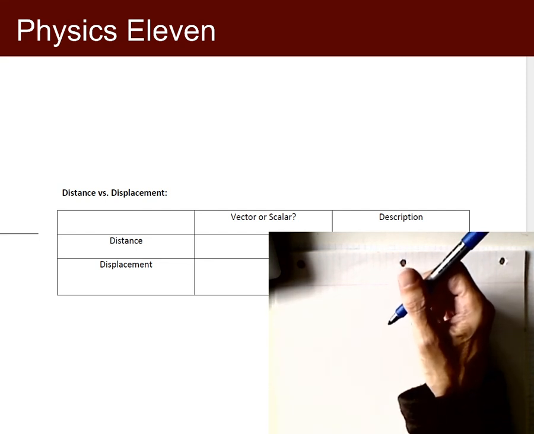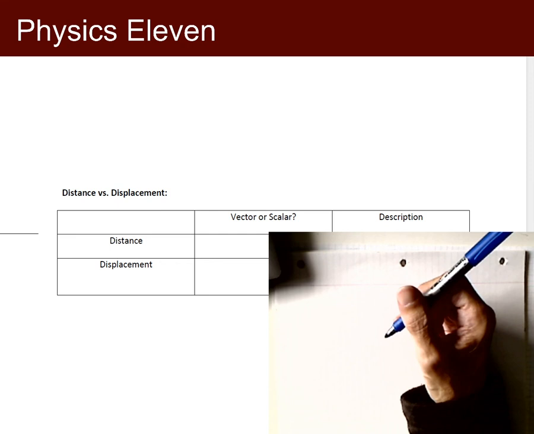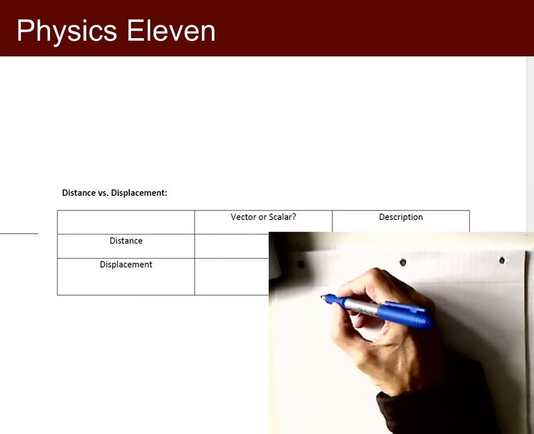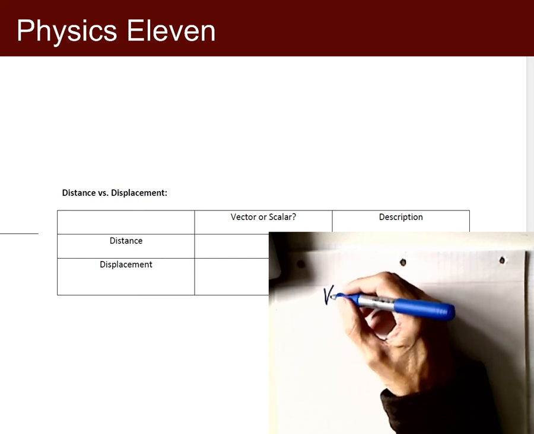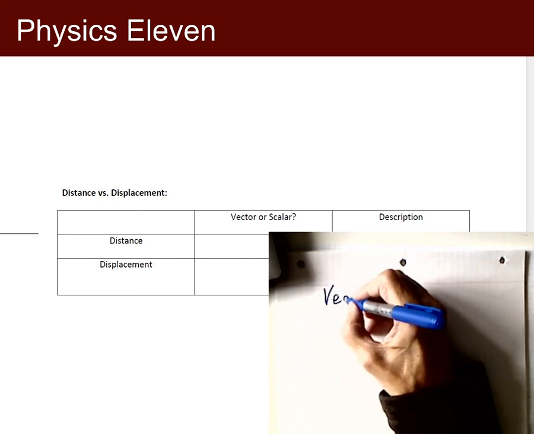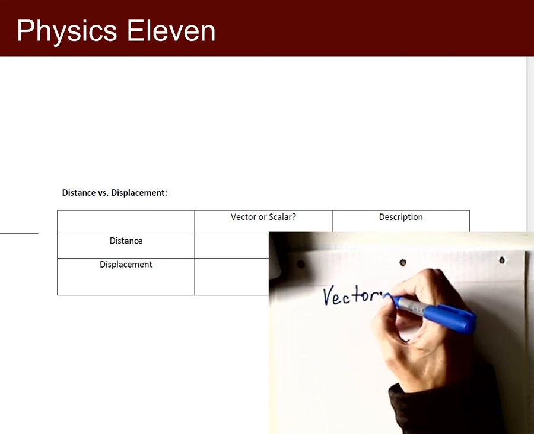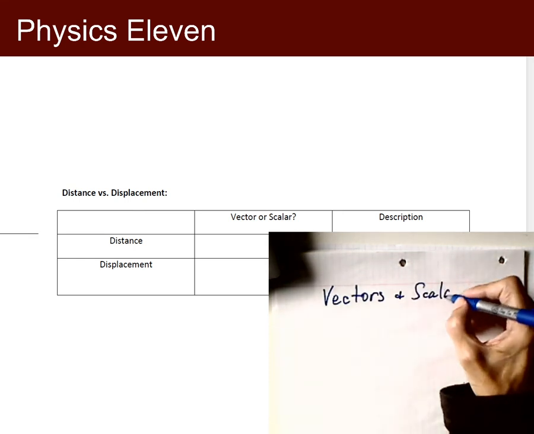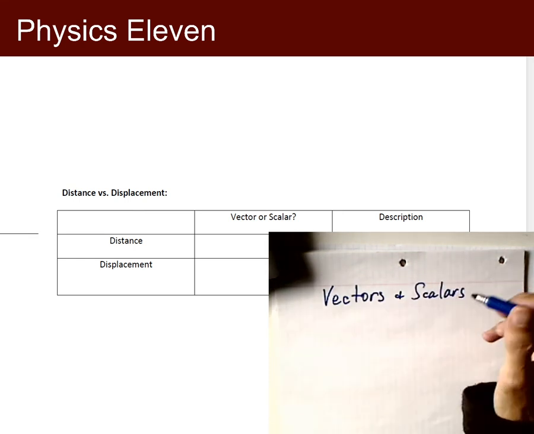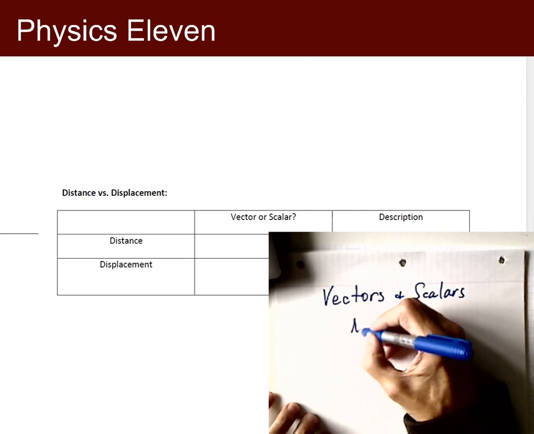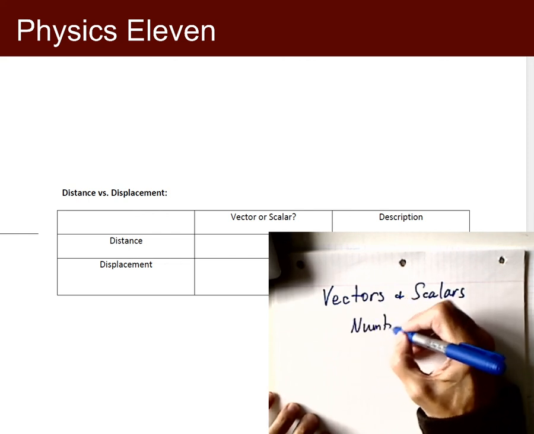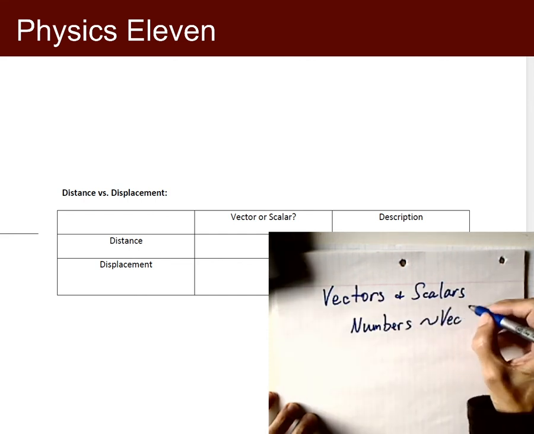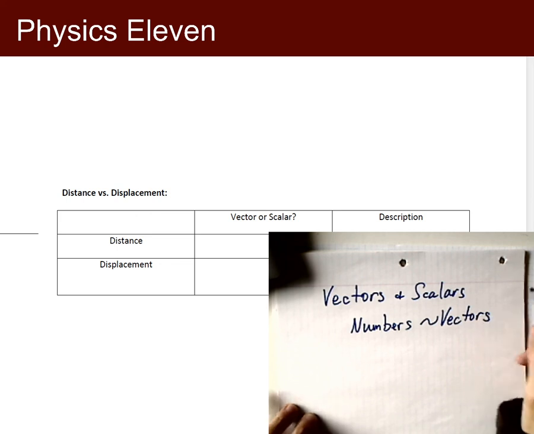All right, so just to take a look at what we did today. First of all, we described what vectors and scalars were. We built the model around the idea of what numbers are, and then made the association with vectors and how they are related, which is nice.